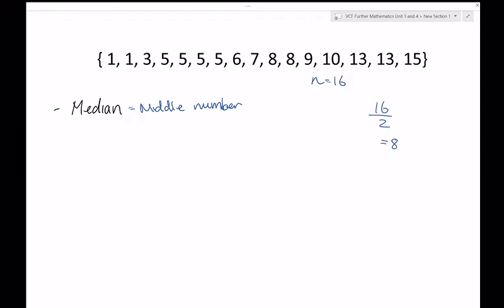So if you count to 8, you have 1, 2, 3, 4, 5, 6, 7, 8, and say, because 16 divided by 2 is 8, this is the middle number. Well, that doesn't work because you have 1, 2, 3, 4, 5, 6, 7 on this side. You have 1, 2, 3, 4, 5, 6, 7, 8 on one side.